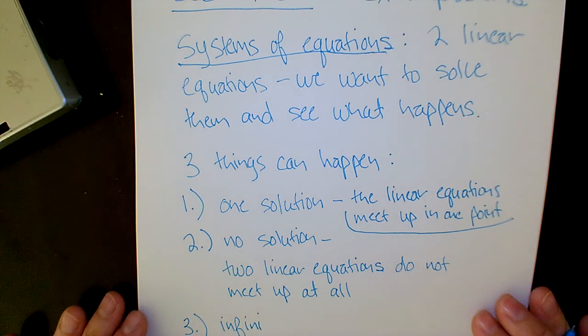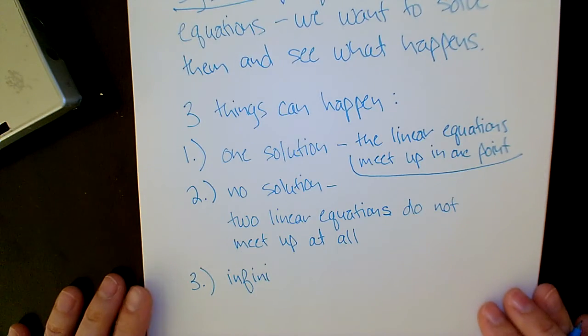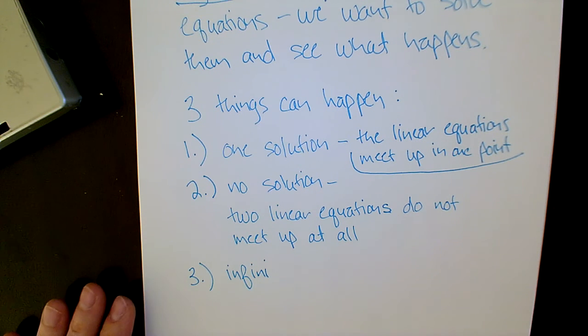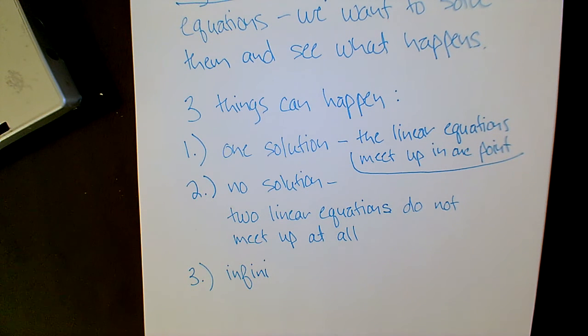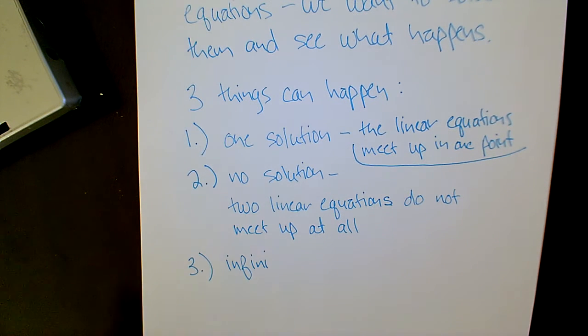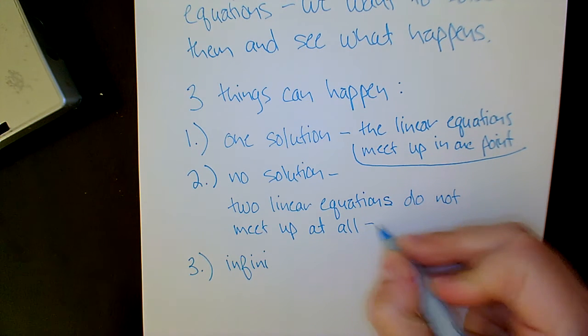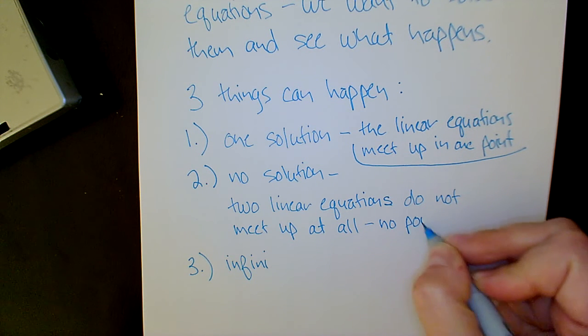So we've got one solution where the linear equations have one point in common. They meet up in one point if they're the two lines. We've got no solution. The two linear equations do not meet up at all. They have no points in common.